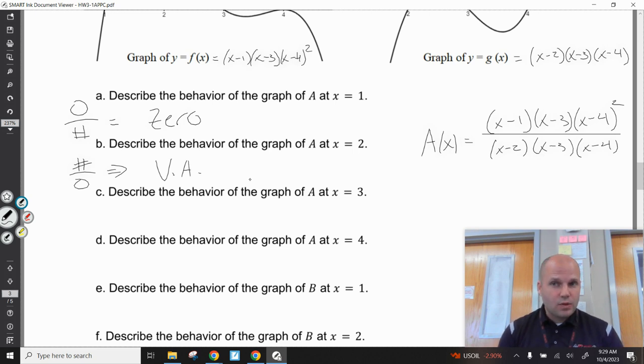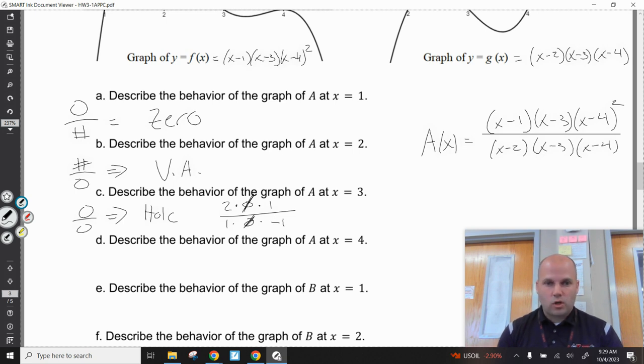If I plug in 3, I get 0 over 0. This is your indication of a hole. Let's find the location. It's not plugging in 3 again, it's plugging in a number close to 3. I'd get 2 times 0 times negative 1 squared, which is positive 1, over 1 times 0 times negative 1.